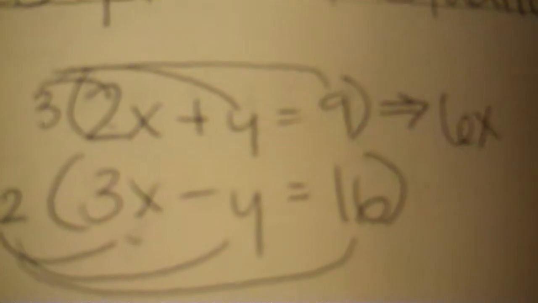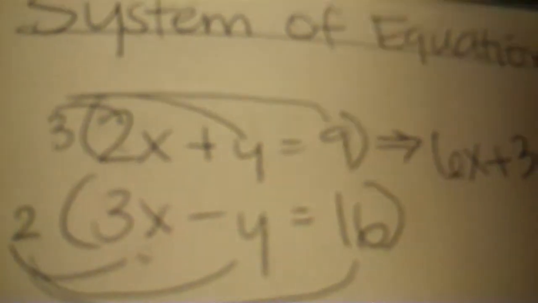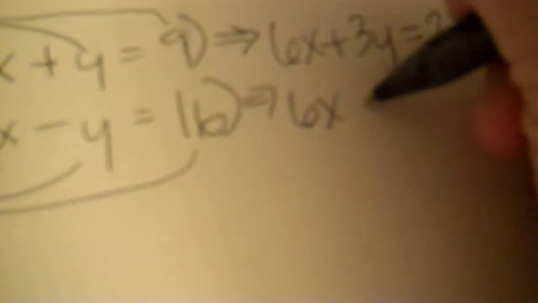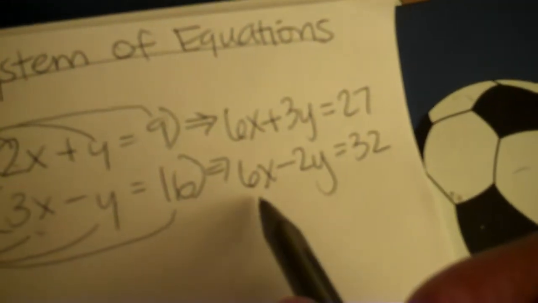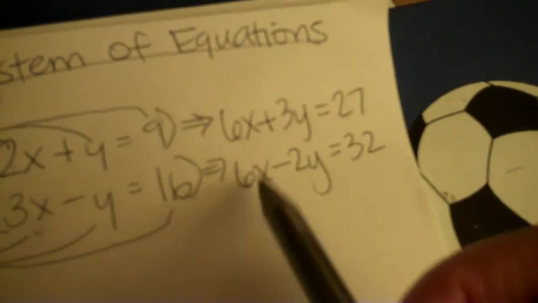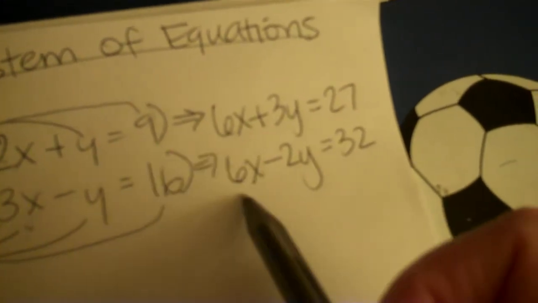So now, when I rewrite this equation, I now have a 6x plus 3y equals 27. And then when I distribute this one, I end up with 6x again minus 2y equals 32. Now, our coefficients for x are now the same.